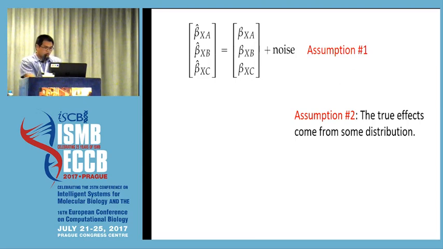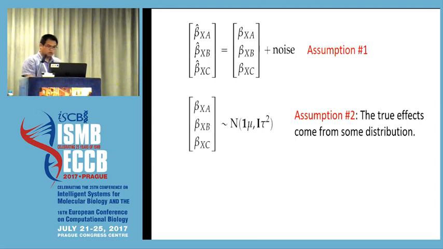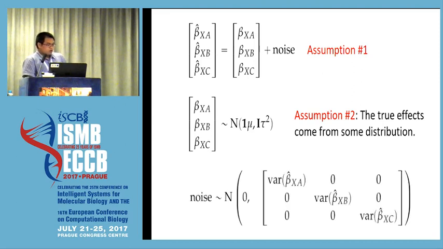A very normal way to do this is to assume that the true effects come from a normal distribution with mean mu, independent, with the same variance tau square. You would also assume that the noise is normally distributed with mean 0, independent, and their variances are the variances of the beta hats.